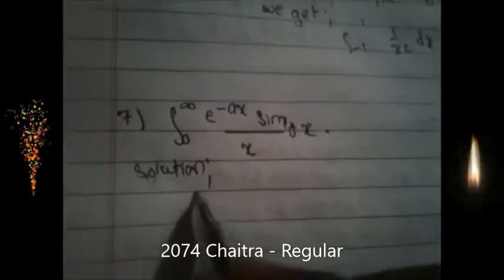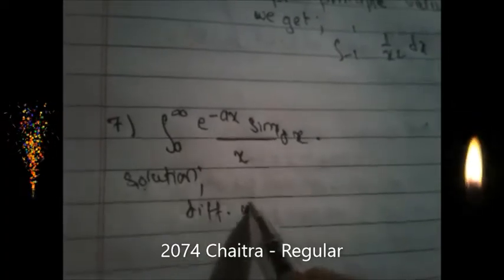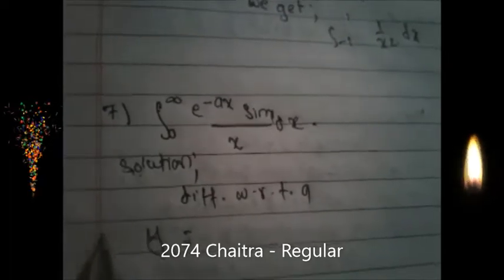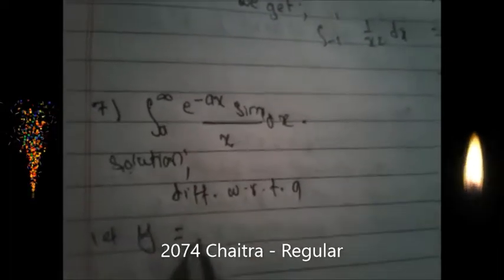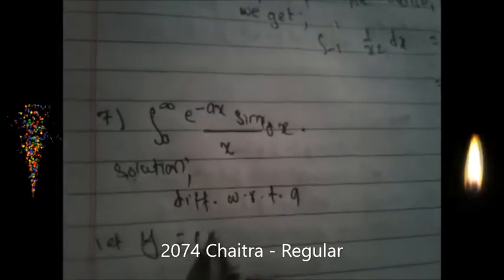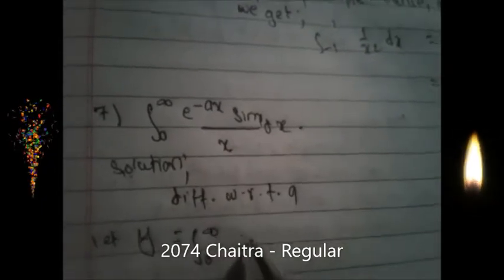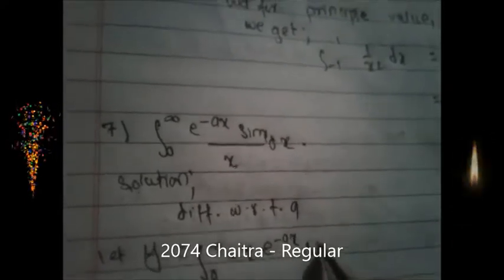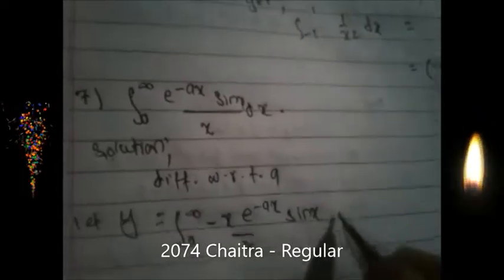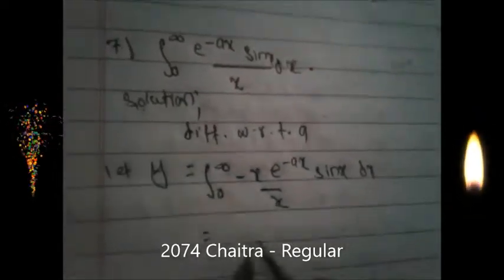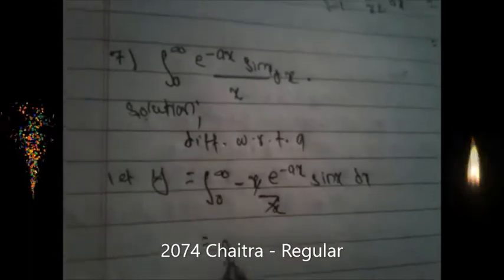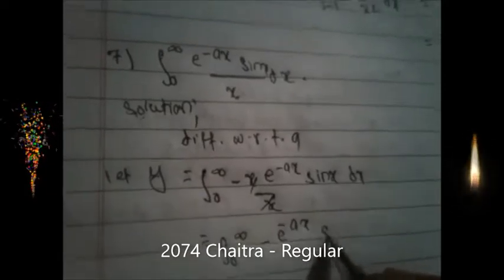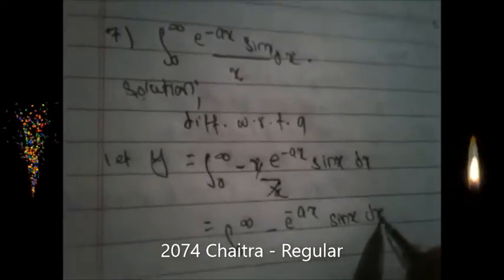First we differentiate with respect to a. Let y be equal to this, from 0 to infinity, and differentiating with respect to a we get minus x e to the power minus ax sin x by x dx, which is equal to, this x is cancelled, from 0 to infinity of minus e to the power minus ax sin x dx.